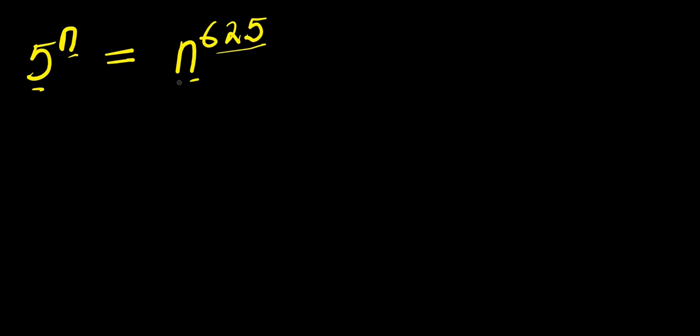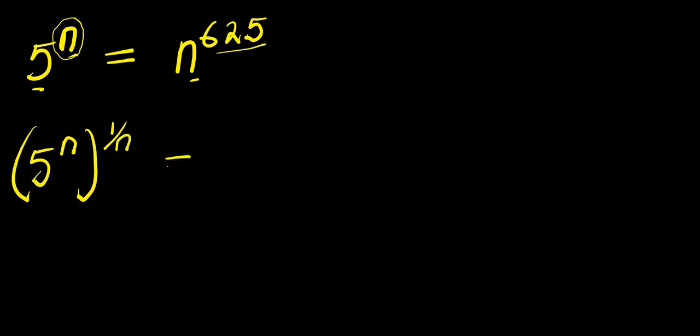So let's start by eliminating this n here. I have 5 power n. I raise this to the power of 1 over n in order to eliminate the n. I do the same thing here, n power 6 to 5. I also raise this to the power of 1 over n.